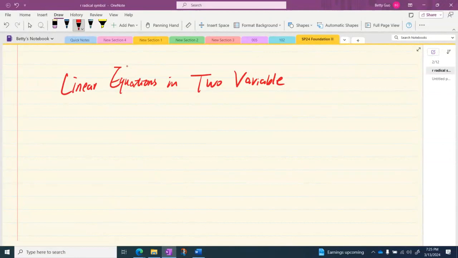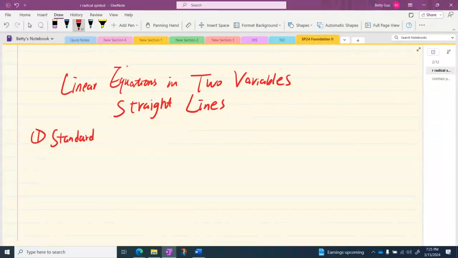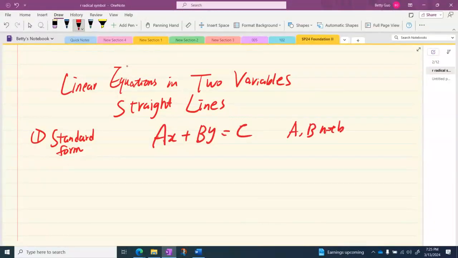Graphically speaking, those linear equations in two variables are straight lines. The first form is called the standard form. It's ax plus by equals c, with a, b not both zeros.